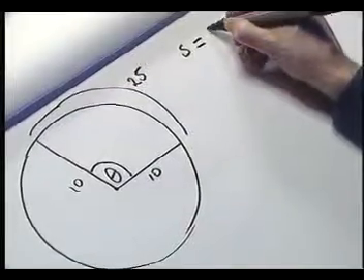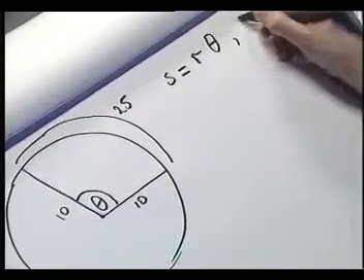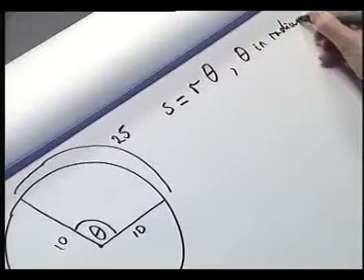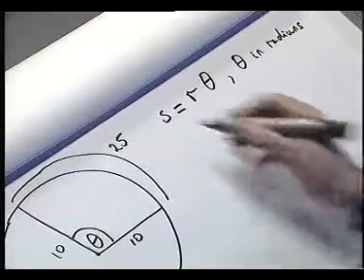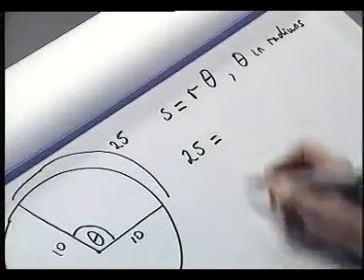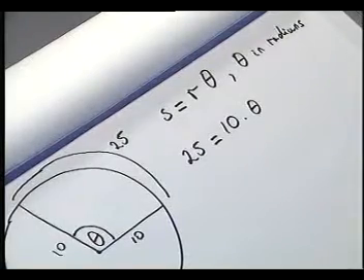So, what's our formula for arc length? That's arc length equals r times by theta if theta is in radians. So, S we know to be 25, r we know to be 10 times by theta.